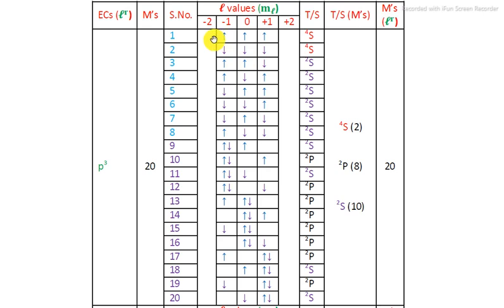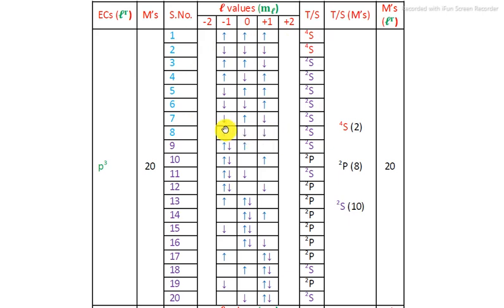From 1 to 8, the 3 electrons in the p3 electronic configuration are all unpaired electrons. The term for these microstates from 1 to 8, the capital L value is 0, the term is S. S term for the microstates 1 to 8, the capital L value 0.